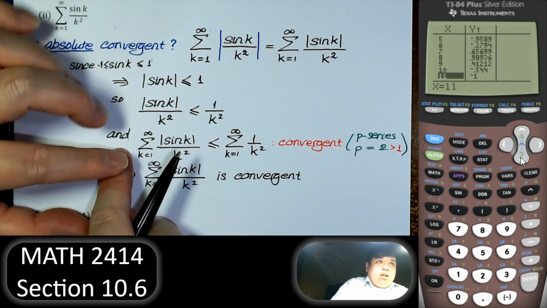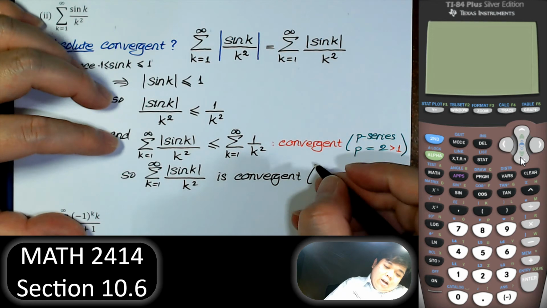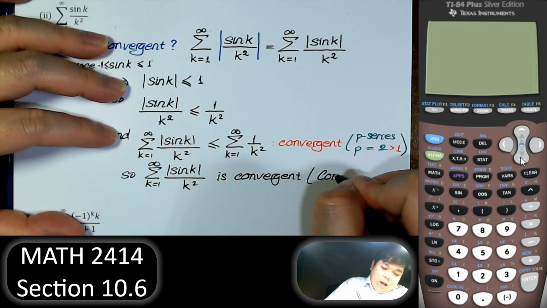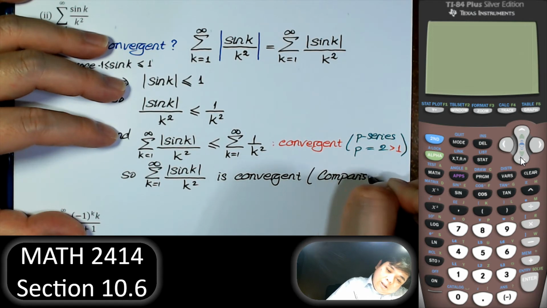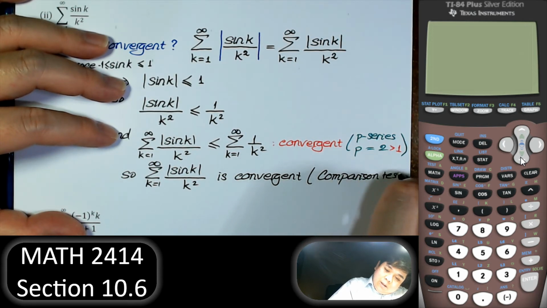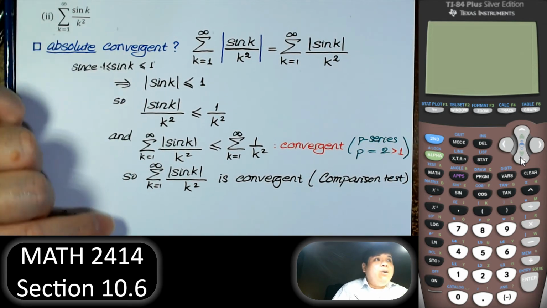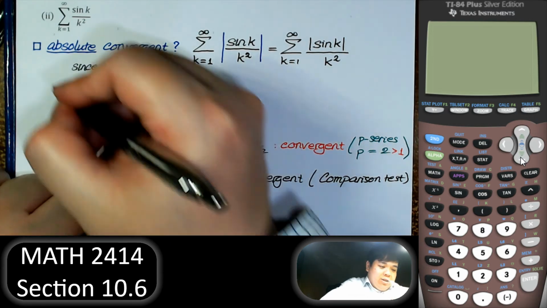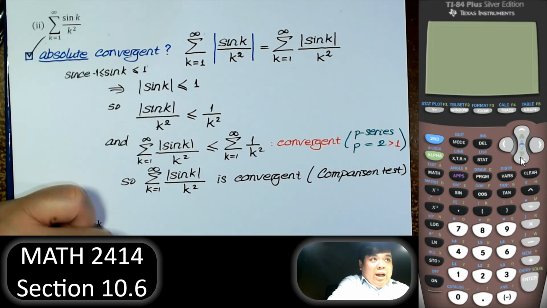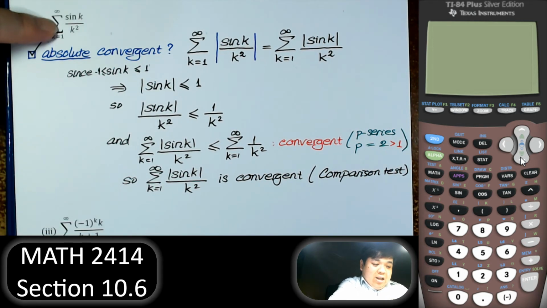This is the comparison test, or direct comparison test. Now, it is convergent with absolute values, so it will be convergent without it. So in this case, we say the series is convergent absolutely.